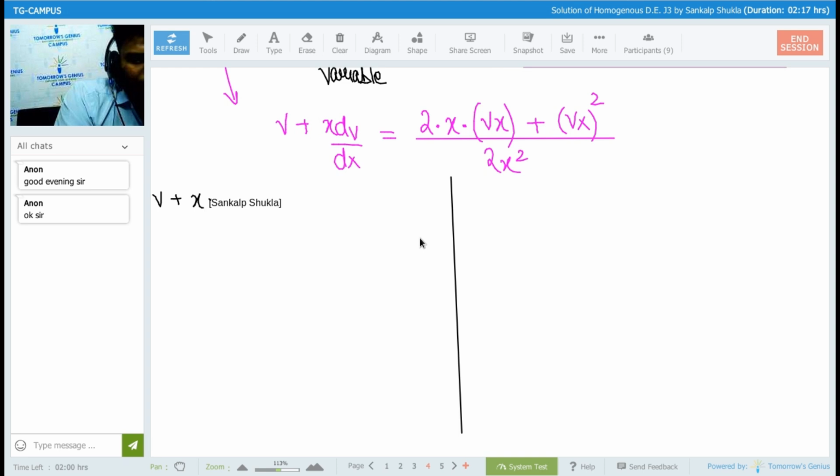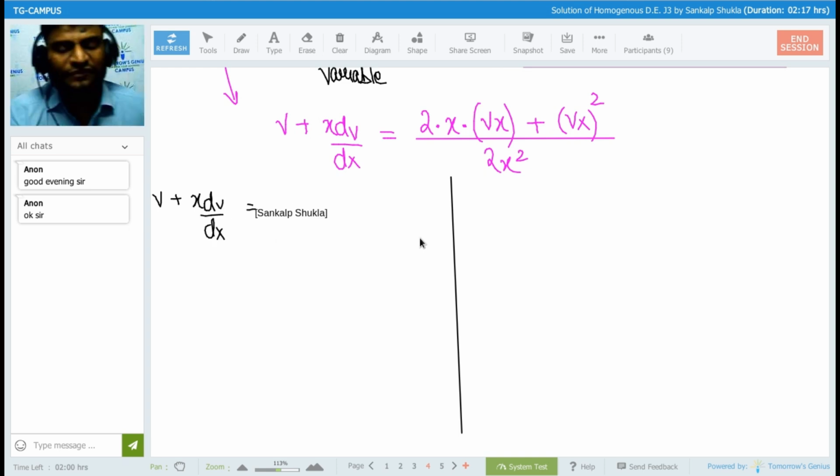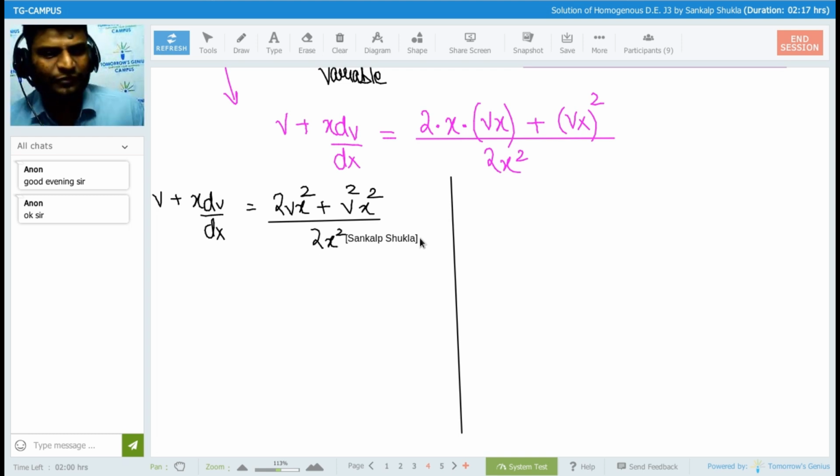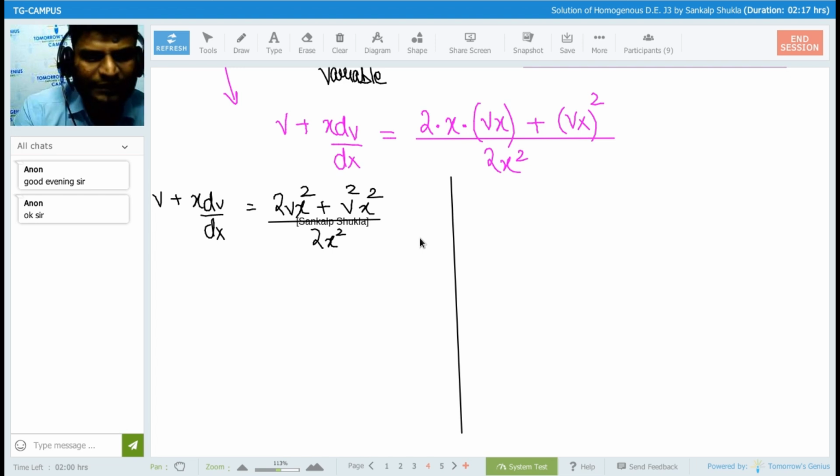Alright, so v plus x dv by dx is 2vx square plus v square x square, and if you divide it by 2x square, we can easily take x square as common and it will cancel.